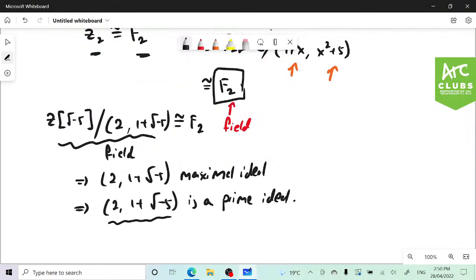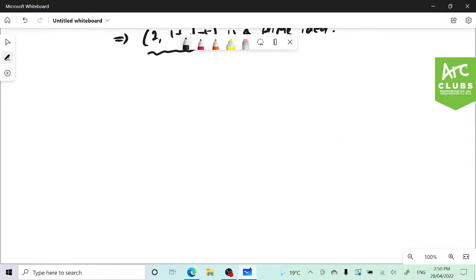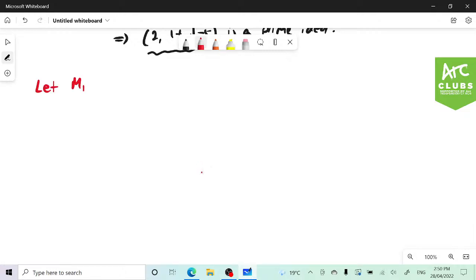So let's bring this up. We're going to let M1 not equal to M2 be maximal ideals.